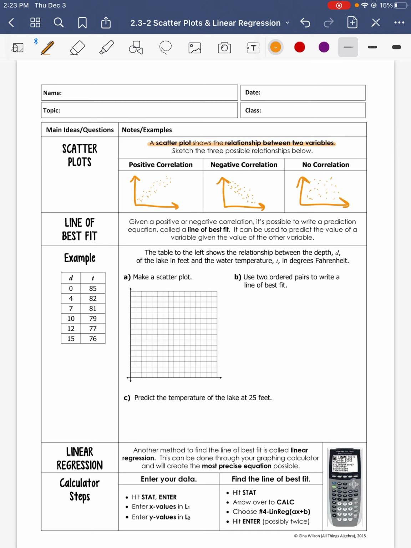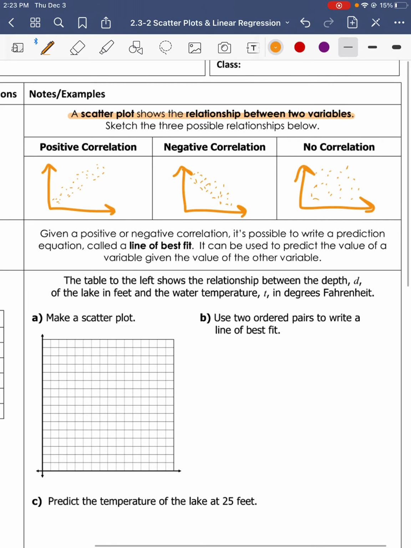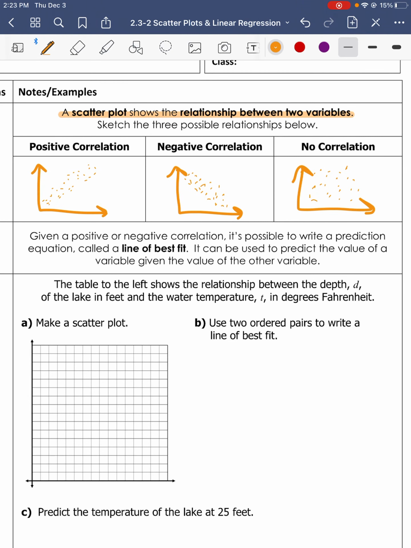Okay, so when we talk about the line of best fit, given a positive or negative correlation, so there has to be a correlation, it's possible to write the prediction equation called the line of best fit. It can be used to predict the value of a variable given the value of the other variable. So basically, we're going to use this correlation and draw a line, give a linear function that represents the pattern of the scatter plot.